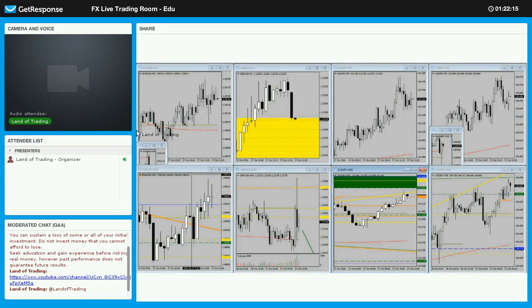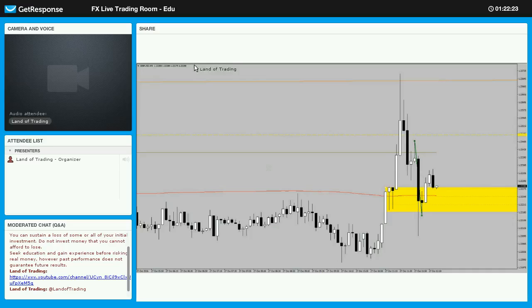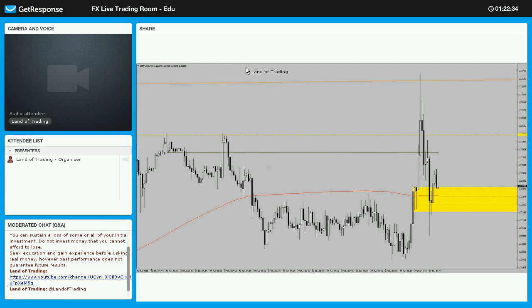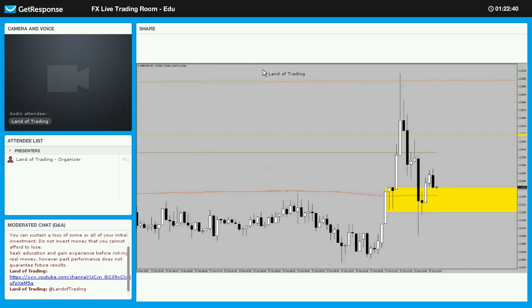I'm gonna make an update on Twitter as well. Pound 22.20 is the level I'm watching. Of course, pound is tough to trade.